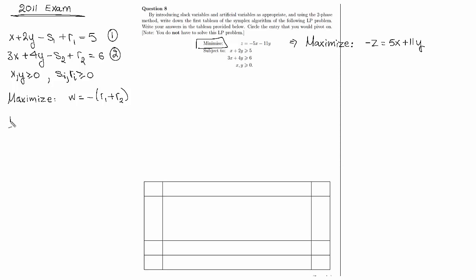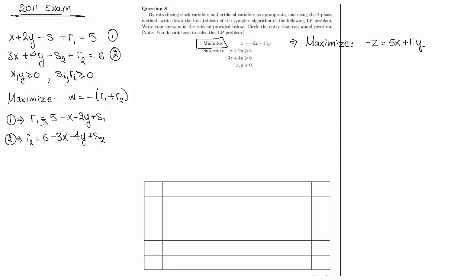And from 1 and 2 we'll see what r1 and r2 are equal to. So r1 is equal to 5 minus x minus 2y plus s1, and then r2 is equal to 6 minus 3x minus 4y plus s2.